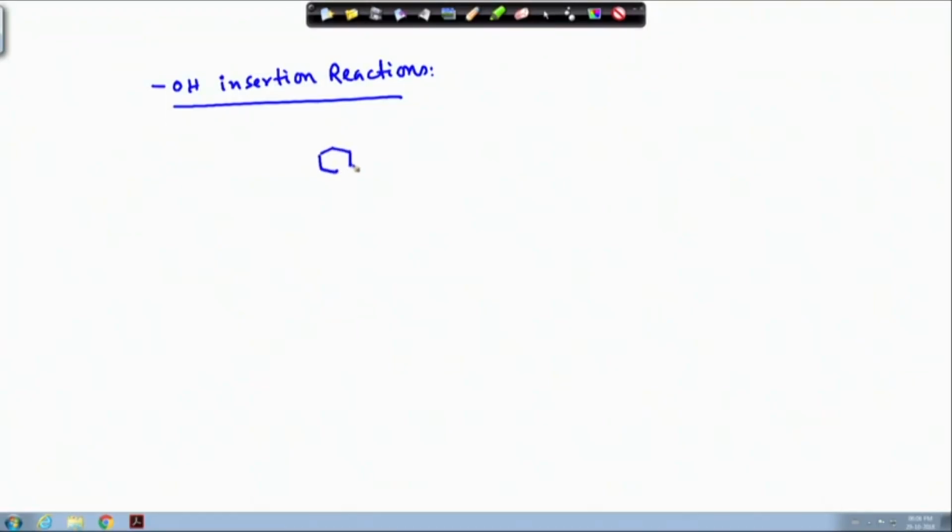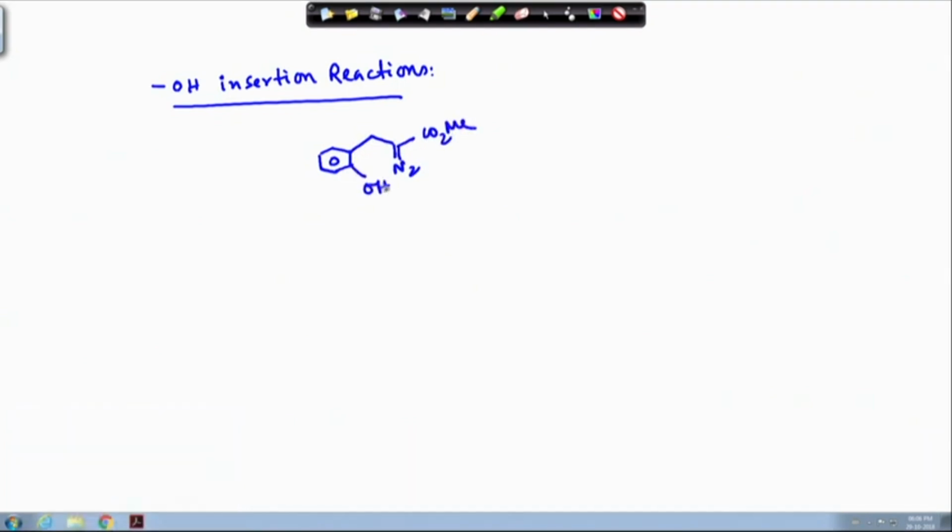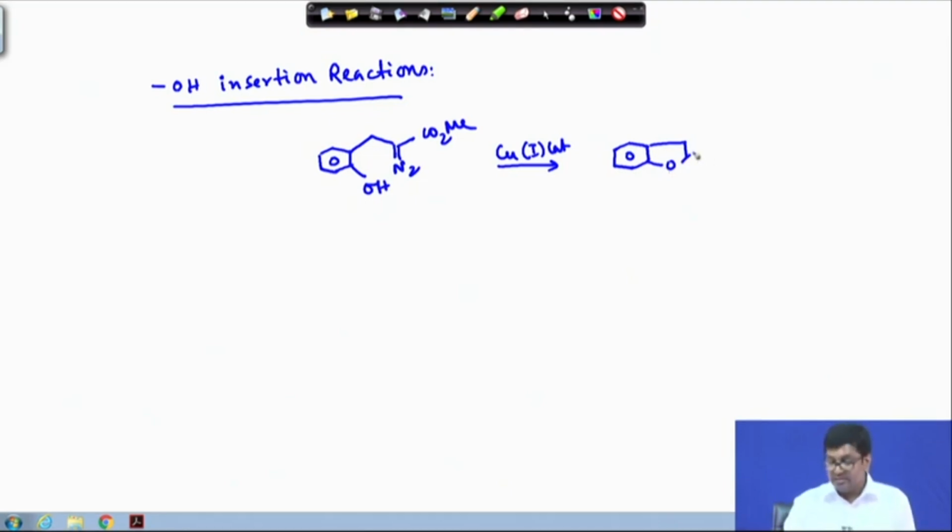As an example, if we take this particular substrate in the presence of a copper 1 catalyst, that can be inserted to give this cyclic product. Here this alcohol OH is getting inserted into the corresponding carbenoid species.